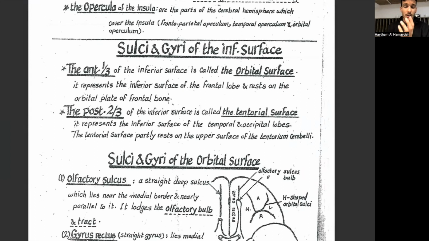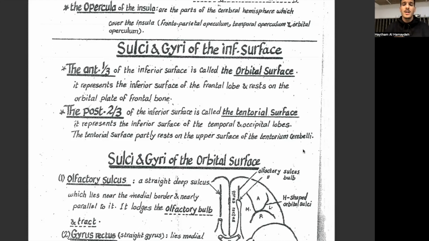That's in the anterior cranial fossa. The posterior 2/3 is called the tentorial surface. It represents the inferior surface of the temporal and occipital lobes. The tentorial surface partly rests on the upper surface of the tentorium cerebelli.